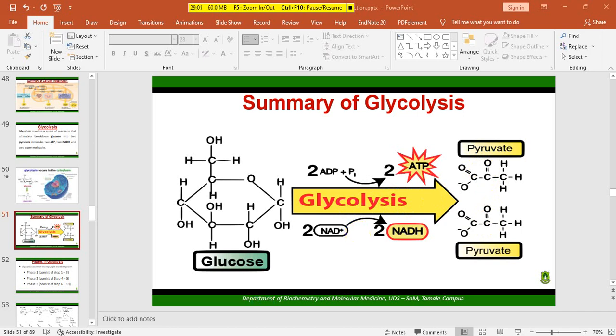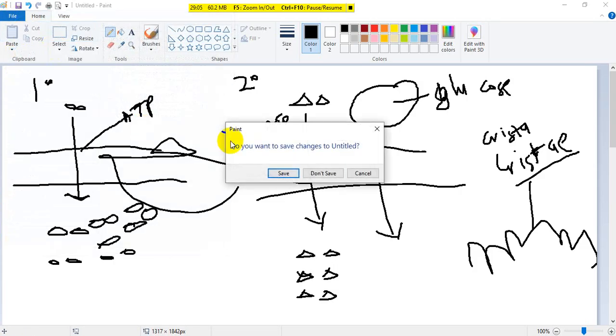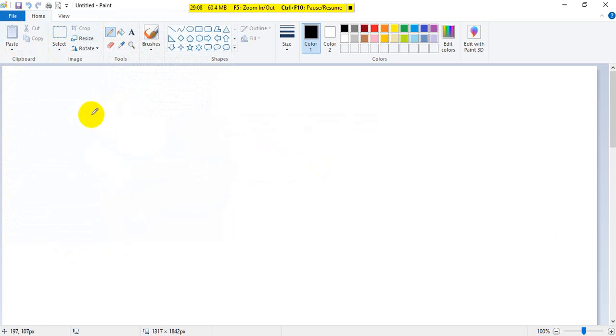Whenever you hear lysis, lysis is what? Breakdown. So glycolysis is what? Breakdown of glucose. Glyco is what? Glucose.